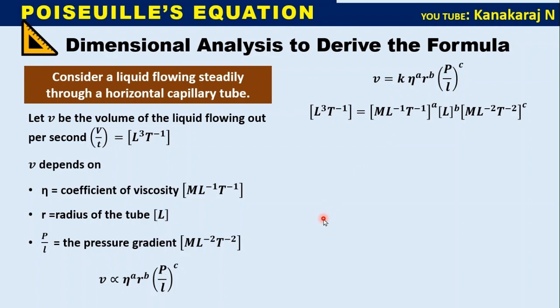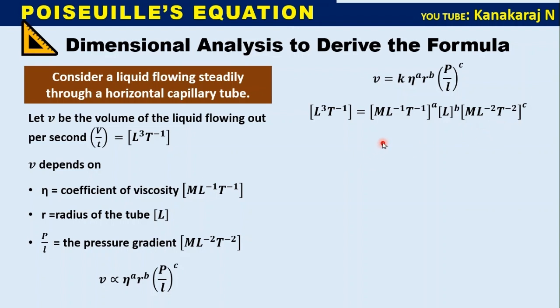Let us substitute the dimensional formula for each quantity. For volume flowing per second, it is L cube T power minus 1. For eta, it is M L power minus 1 T power minus 1. For radius, it is L. And for the pressure gradient P by L, it is M L power minus 2 T power minus 2.